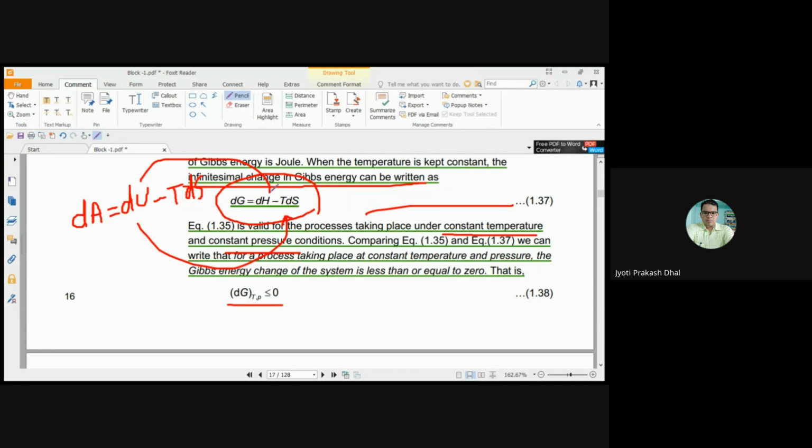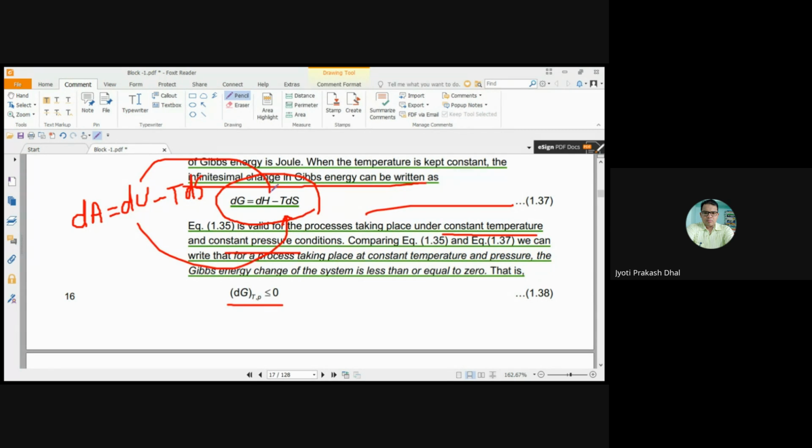So when the process is carried out at constant temperature and constant volume, the Helmholtz energy term was used to define the criterion of spontaneity of the process. And if the process is carried out at constant temperature and constant pressure, then the Gibbs energy term is used to define the criterion of the spontaneity of the process.